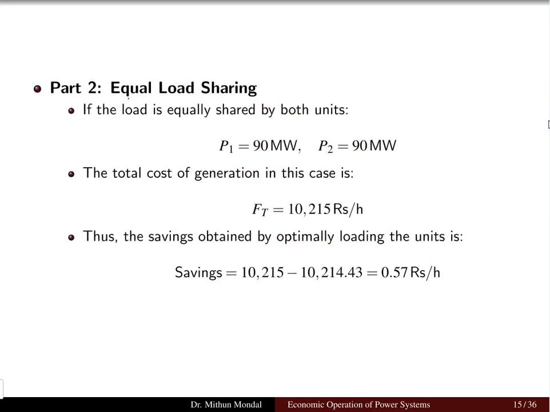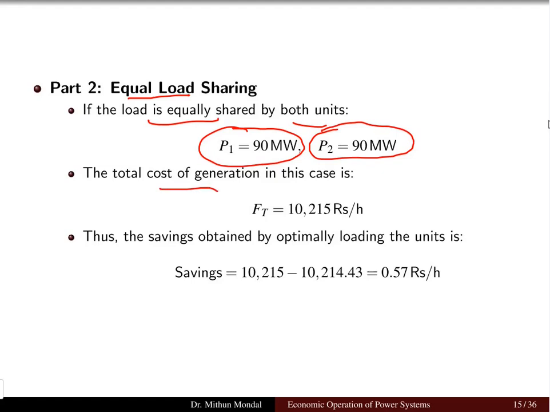Now the second part of the problem, where we talk about economic load sharing. The load is equally shared by the 2 units. It means the power of the 2 plants, which sums to 180 megawatt, has to be distributed equally between plant 1 and 2, which gives 90 megawatt each. We substitute these powers P1 and P2 in the functions F1 and F2, and add them to get the total cost of generation.